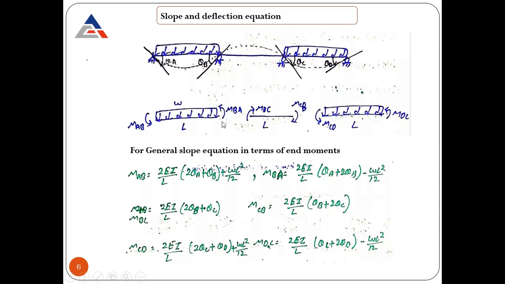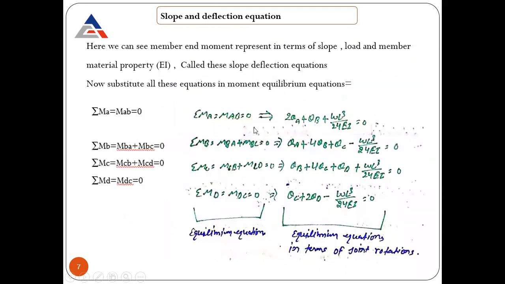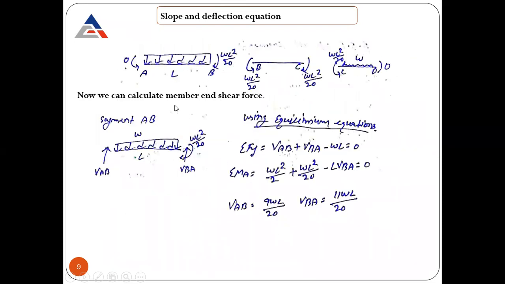If you change the direction, in that case do not consider the minus sign. If you do both things, ultimately once you put it into the equation for solving the shear and support reaction, there will be a mistake. So do not make such silly mistakes.